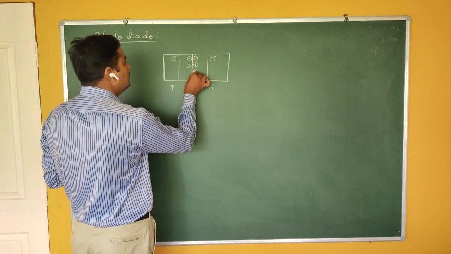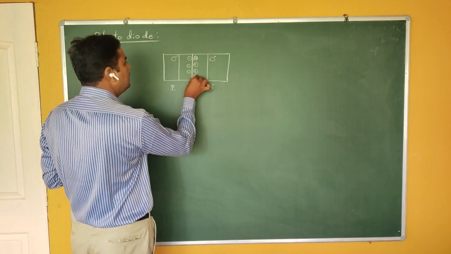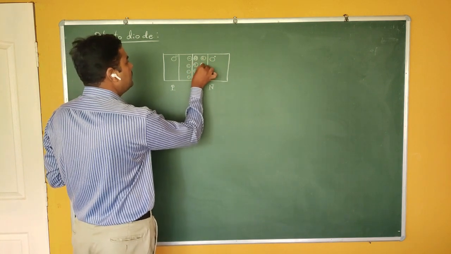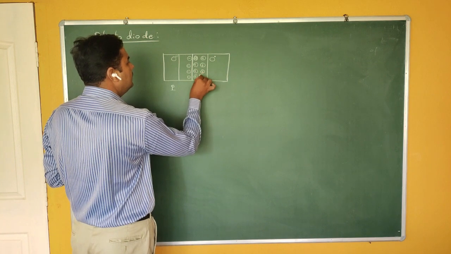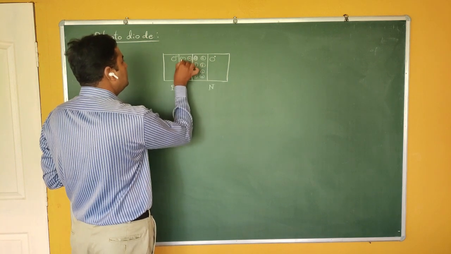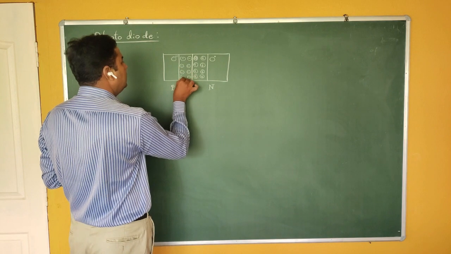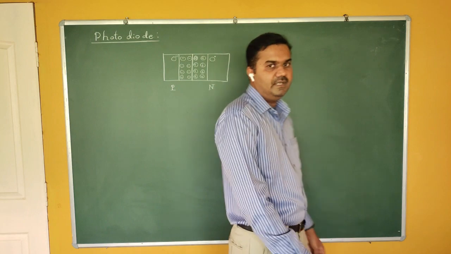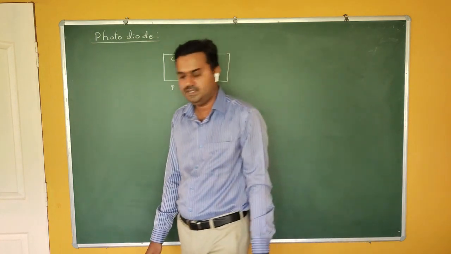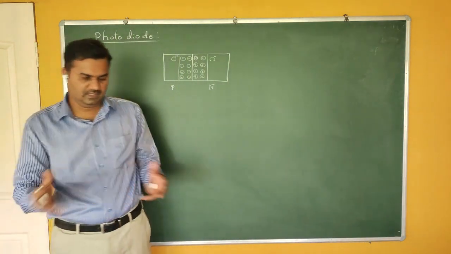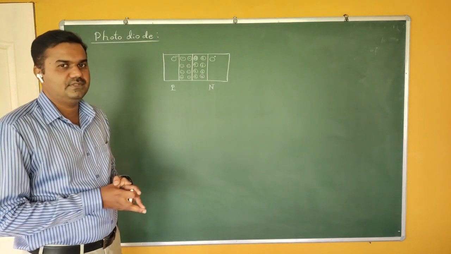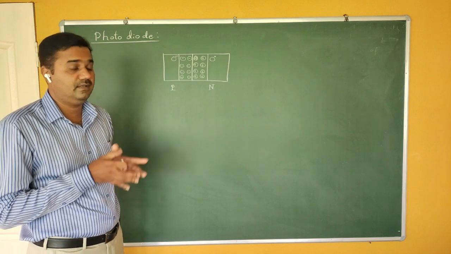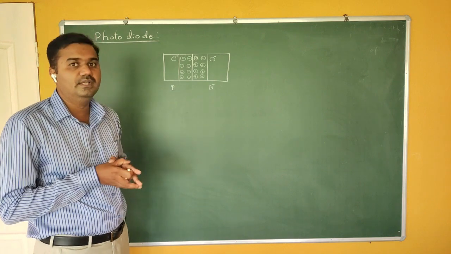On one side you are getting the positive ions, and this diffusion process continues. But not all the electrons in the P and N type material undergo diffusion, as we already studied. It attains an equilibrium, because another current is generated due to the flow of electrons, the drift current, while the flow in the other direction is the diffusion current.